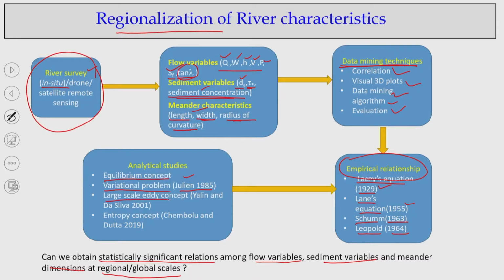The large scale eddies concept, nowadays people are talking about all these forces. Due to extreme flood events, it creates large scale eddies, the turbulent structures we discussed in previous classes, and that structure is responsible for the formation of that. So, that is the reason for the large scale eddy concept, which is Allen and discharge.